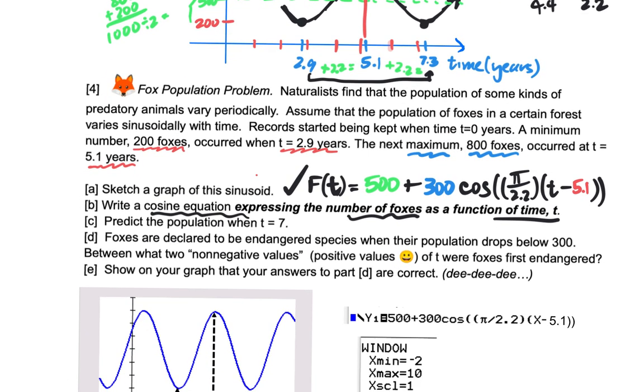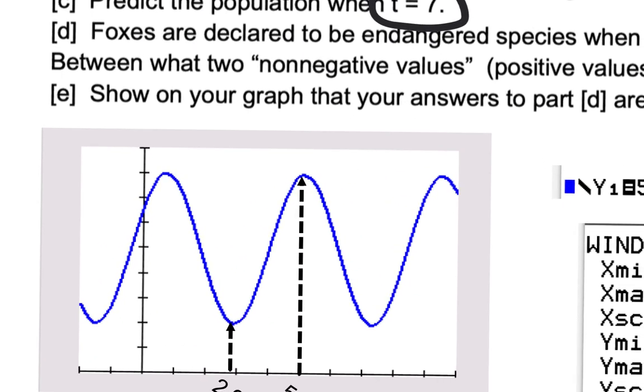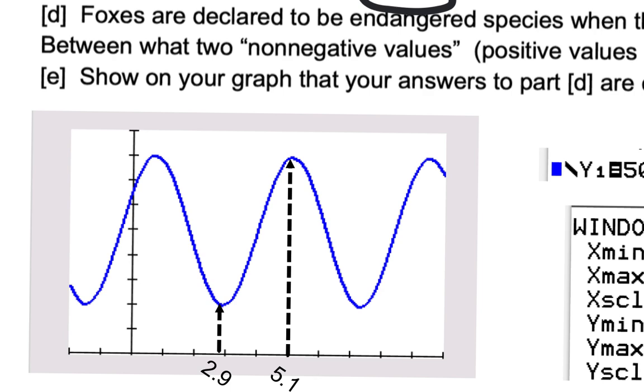Moving on, predicting the population when t is 7. Feel free to place that 7 in for t, or you could graph that on your graphing calculator, okay? And we see that around 7, it's a small population.